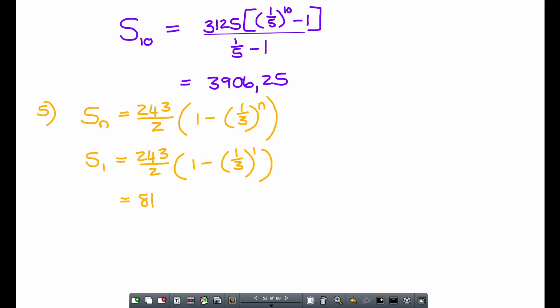You guys good? Ja, sê maar. Ja. Wat het jy gedoen? Maar aan die onderkant, so jy daai hele ding, jy het so gemaak, 1 minus 'n derde tot die mag n, en dit gesit oor 2.